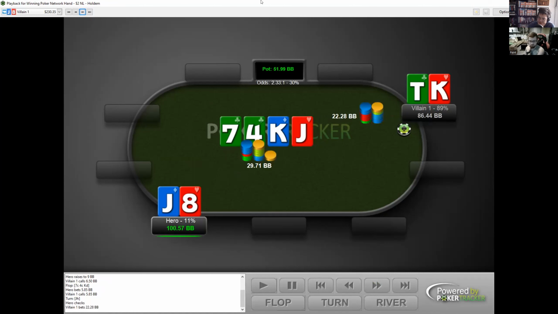Okay, let's go through the decision process. My hand is indifferent. Is he under bluffing or over bluffing? Unsure. And good blockers, bad blockers, good blockers. On earlier streets, equity to improve is going to be more important than your blockers, and as you get to later streets, the blockers matter more.